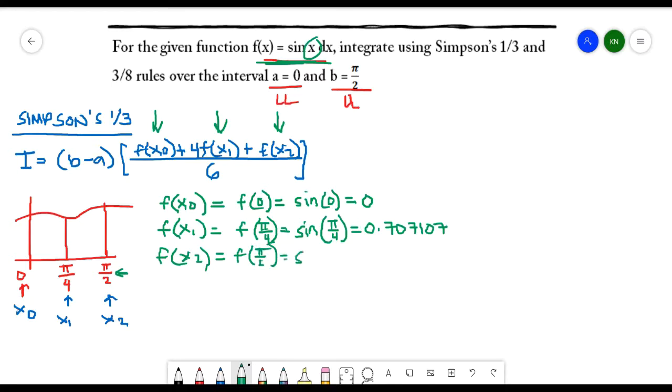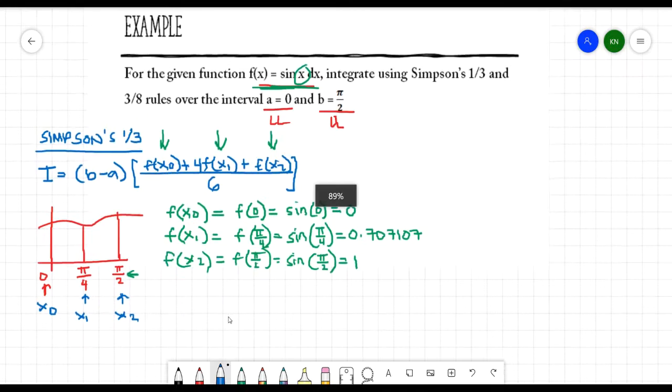So we have sine of pi over 2. Now, sine of pi over 2 is equivalent to 1. So we already have the values that we will be needing later on in solving for Simpson's one-third rule.